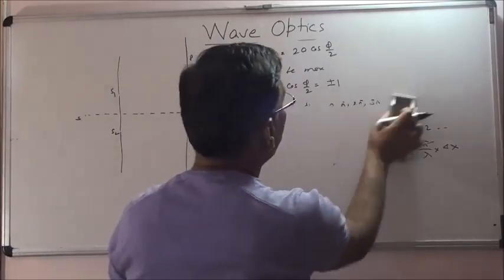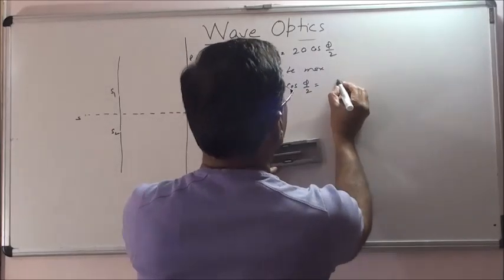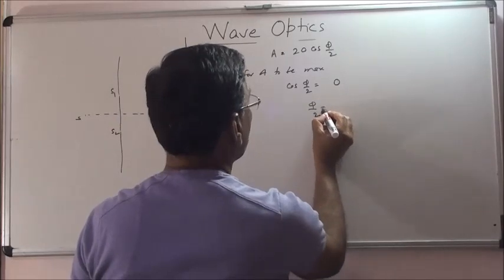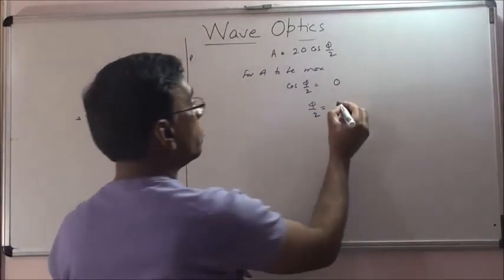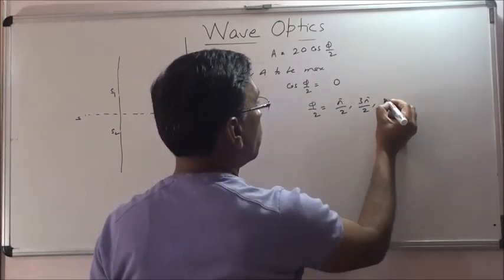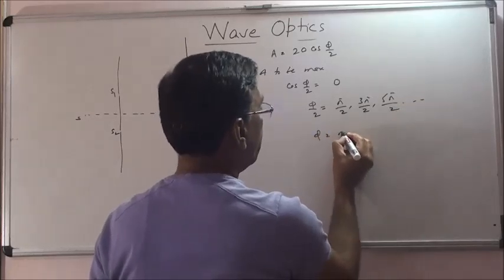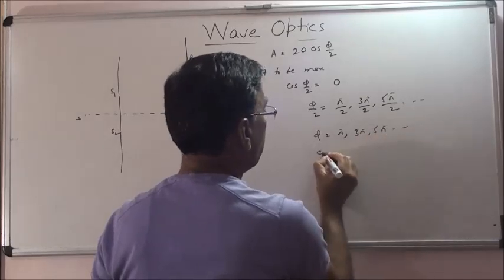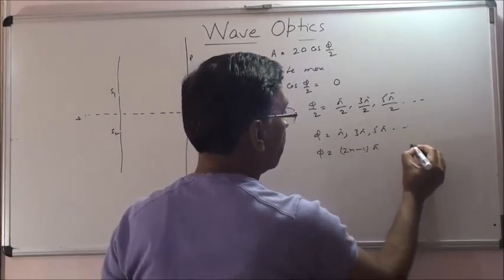For minimum amplitude, it will be 0. So it means phi by 2 should be pi by 2, or 3 pi by 2, or 5 pi by 2, and so on. So phi is pi, 3 pi, 5 pi, or (2n minus 1) pi.